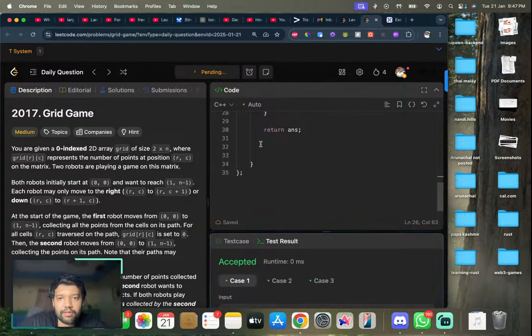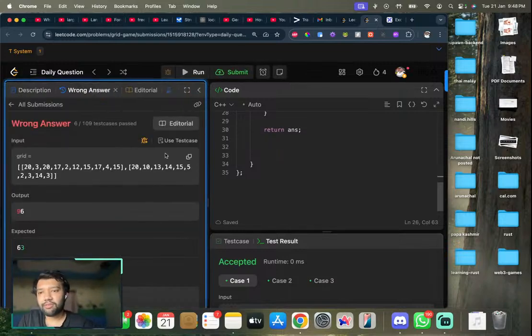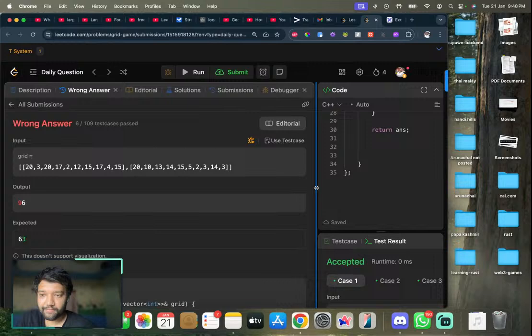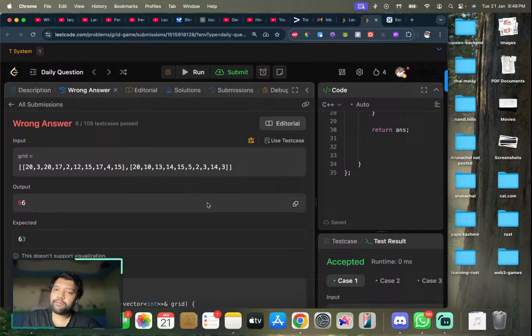Yeah, works for now. I think I shouldn't optimize the space. Wrong answer. Okay, it is not the correct answer. 2020. 23.